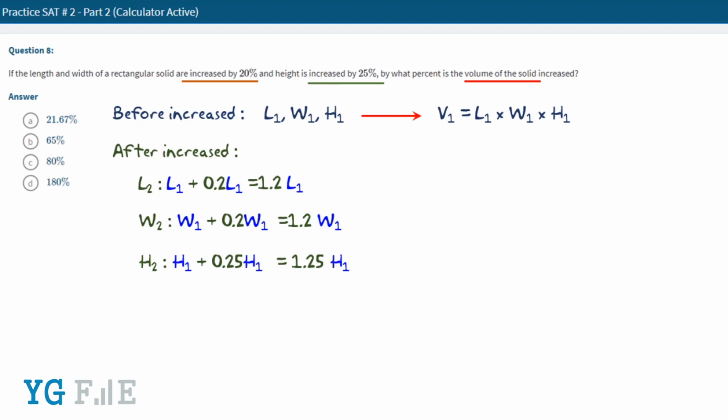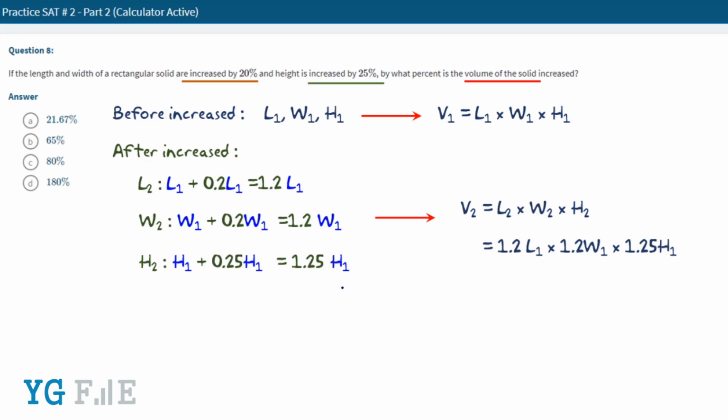And to find its volume, we just need to multiply these three variables. So we have V2 equals L2 times W2 times H2. Then we just need to substitute the value of each of these three variables from our previous results.